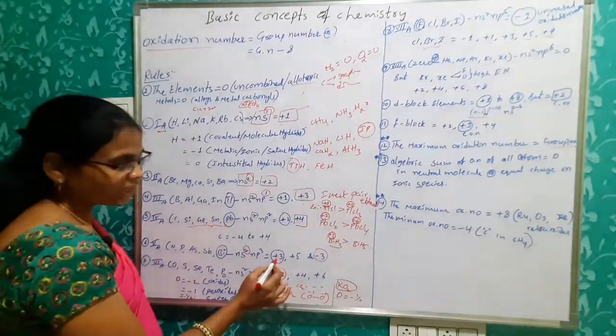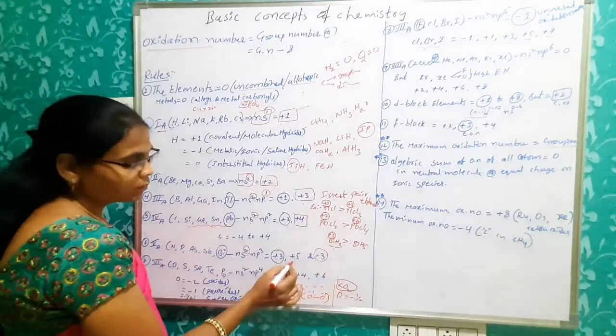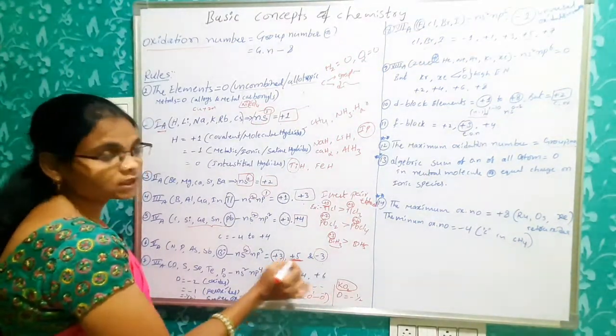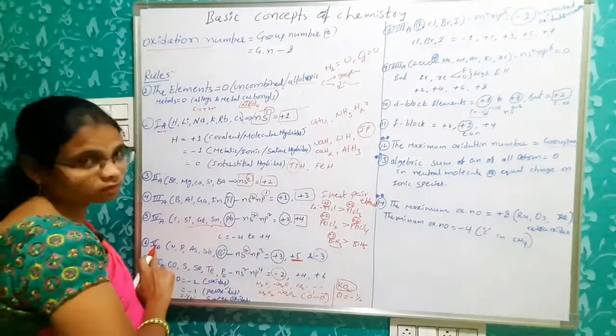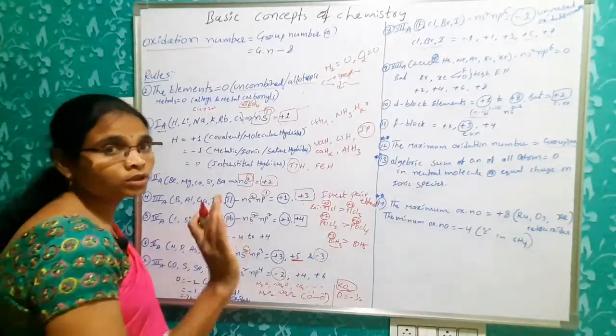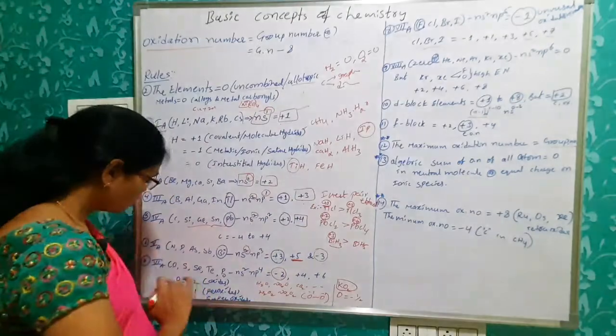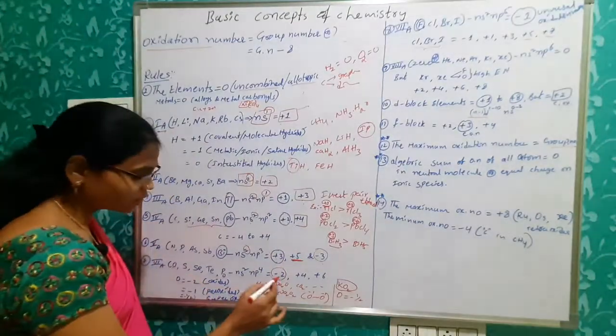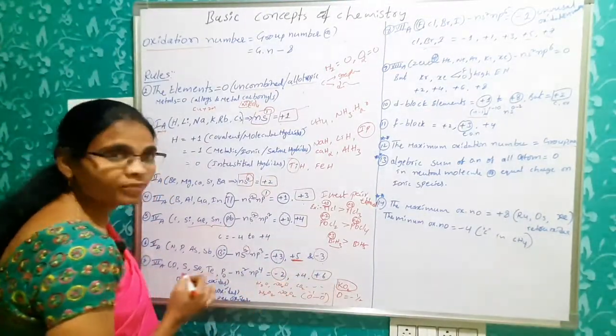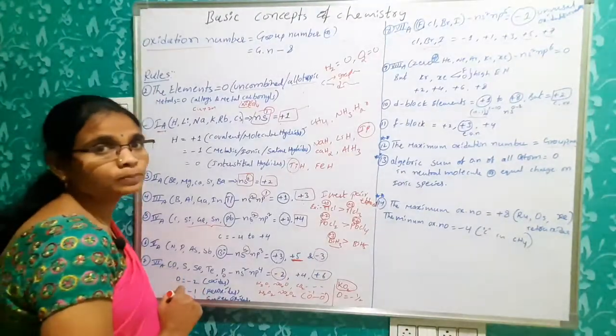5A also shows plus 3, plus 5, minus 3. Plus 5 is the highest oxidation number, equal to the 5A group number. The group number should be in Roman numerals. Now 6A group elements: highest oxidation state plus 6, equal to the 6A group.